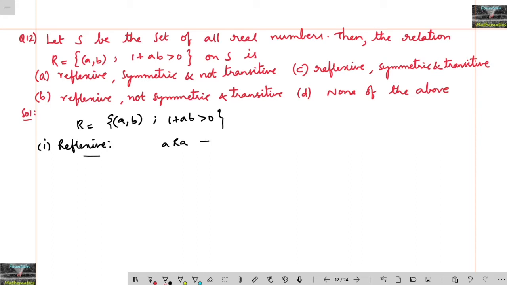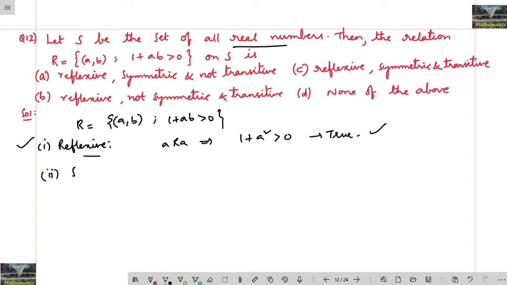If A is related to A, which implies 1 plus A into A, 1 plus A square is always greater than 0. This is true for any real number, because it is defined on the set of all real numbers. So it is true, 1 plus A square is always greater than 0, so it is reflexive.